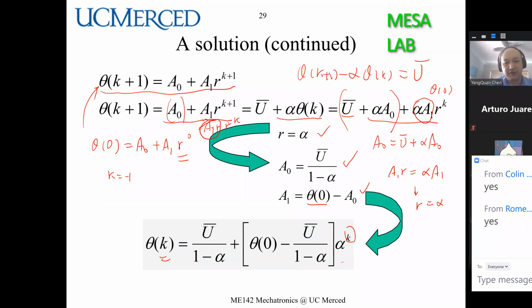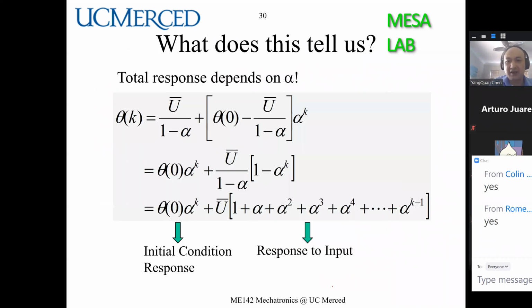So this is a general form of your theta k. This theta k depends on the alpha, of course. If my U bar is constant, I can write the form here.